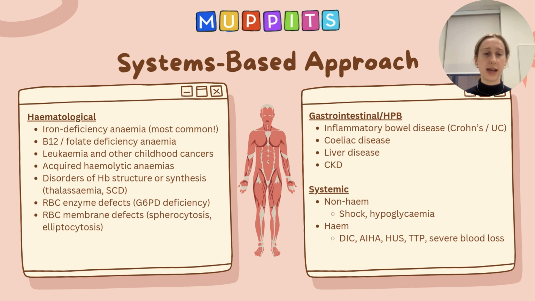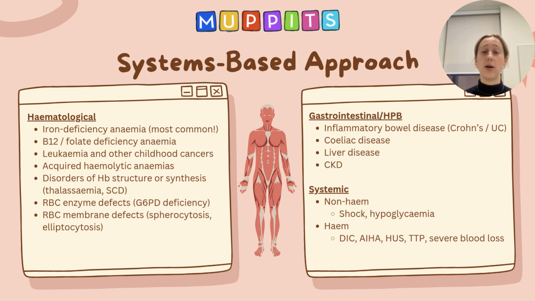And they're both non-hematological and hematological systematic causes. So for hematological, iron deficiency anemia definitely being the most common. And other forms of anemia, for example, B12 and folate deficiency, anemia of chronic disease, which isn't listed, acquired hemolytic anemias as well.